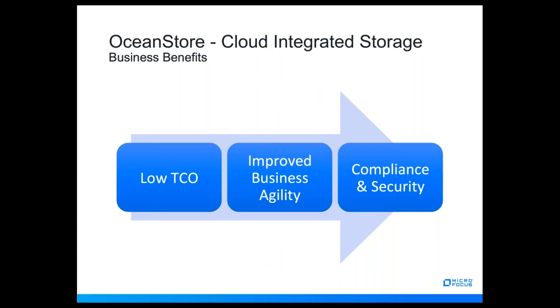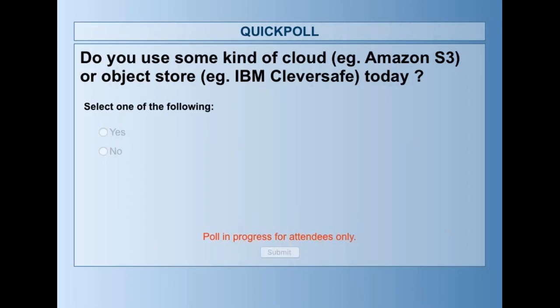Before we go to the next one, Madan, do you want to run a poll? Madan, can you hear me? So we'll give it 30 seconds for people to take this poll.